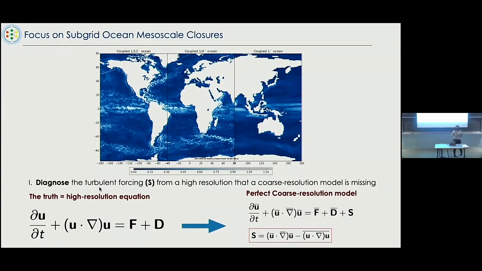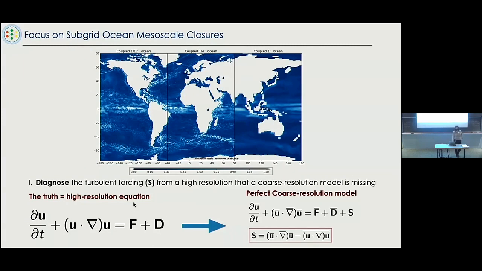So what we do is we start with a truth, which is a high resolution simulation, and we need to downscale it. We need to map it onto a coarse resolution grid. So here, if I take the momentum equation, local rate of change of velocity, plus advection, which is the one that causes trouble in general because it's multi-scale, and so you get a lot of scales interacting with one another, equals forcing and dissipation.